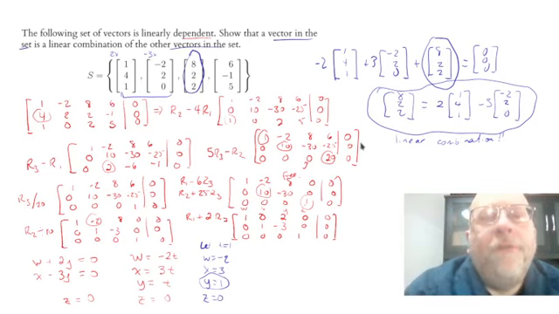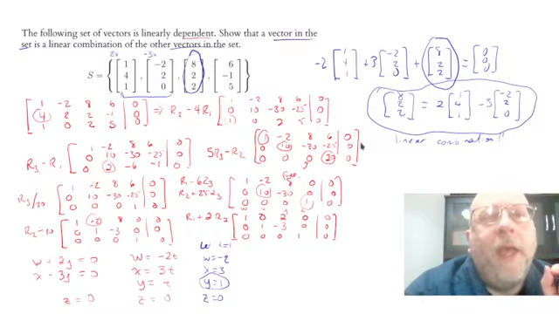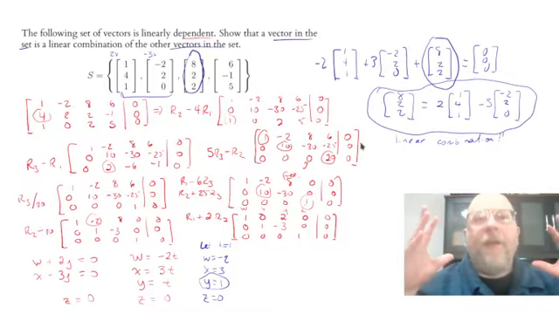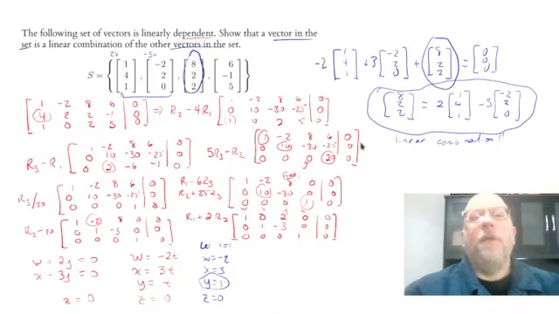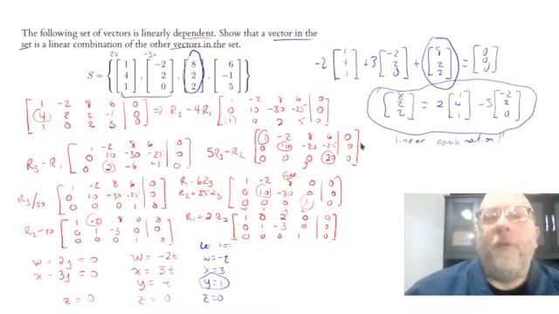And the theorem that we saw on the slide before this one says this always happens. If we have a linearly dependent set, then that set contains a linear combination somewhere inside it. One of the vectors is already a linear combination. So that's another way of testing for linear dependence.